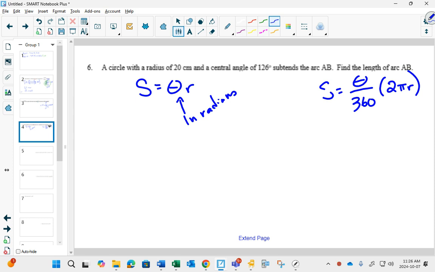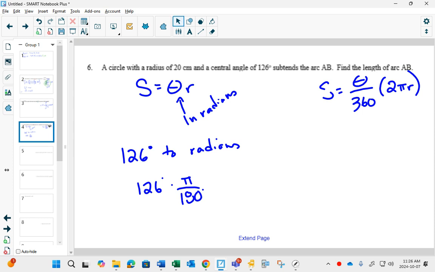So typically what happens by the end of the year is you forget the formula that's not on your formula sheet, you only have this formula. So if you wanted to use this formula, we have to change 126 degrees to radians. And how do you do that? You multiply by pi over 180.